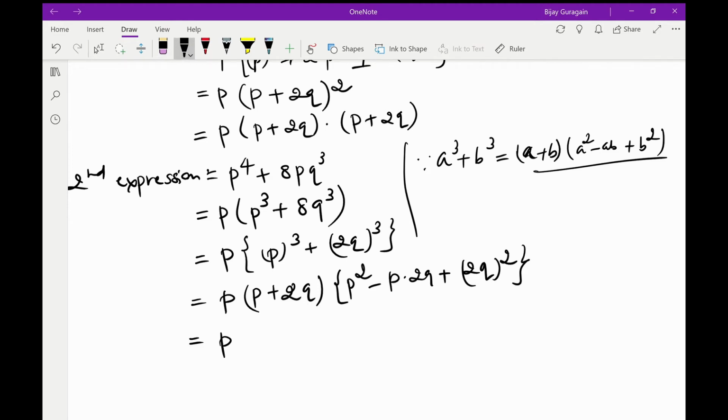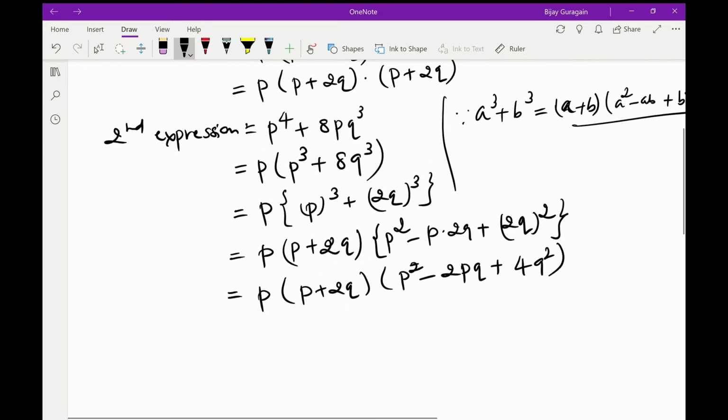Now it becomes p(p + 2q)(p² − 2pq + 4q²).